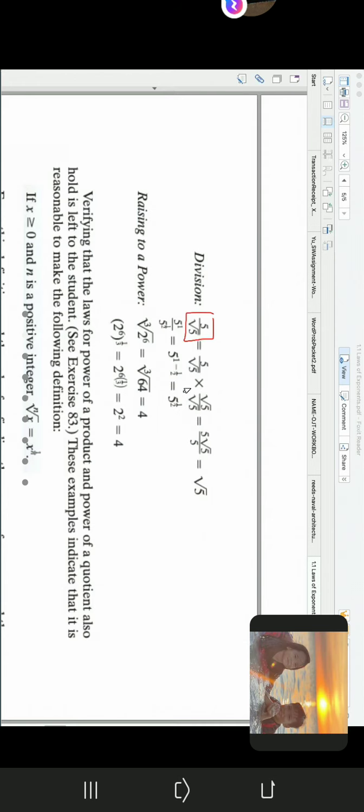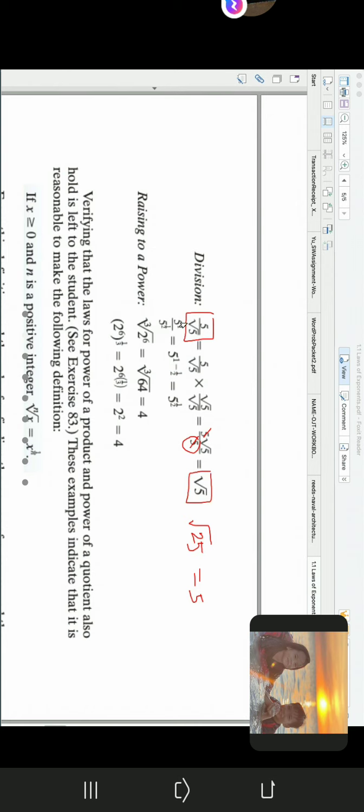So here, that is equal to 5 times square root of 5. Then square root of 5 times square root of 5 is square root of 25. Then square root of 25 is equal to 5. So 5 is here. Is equal to, this 5 cancels with that. So what remains is square root of 5. And also we can apply what we discussed earlier, that we have to make this radical sign into a fractional exponent.